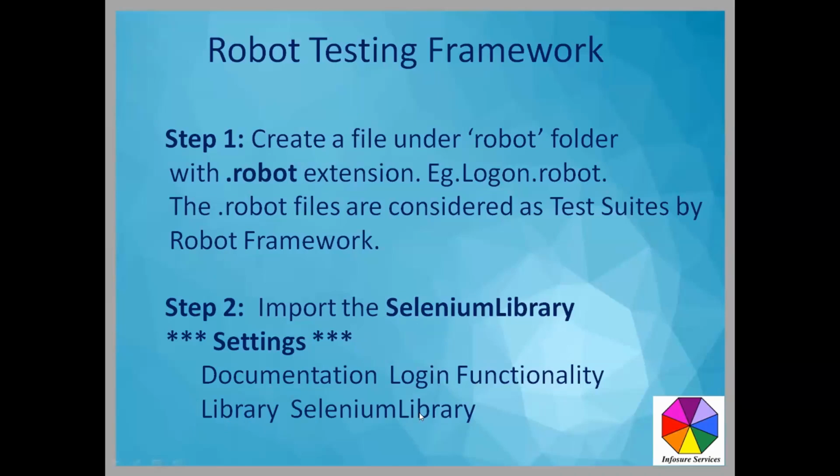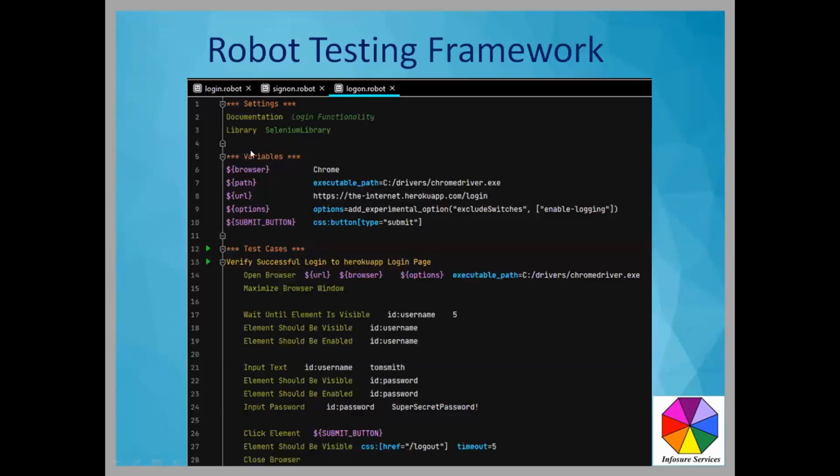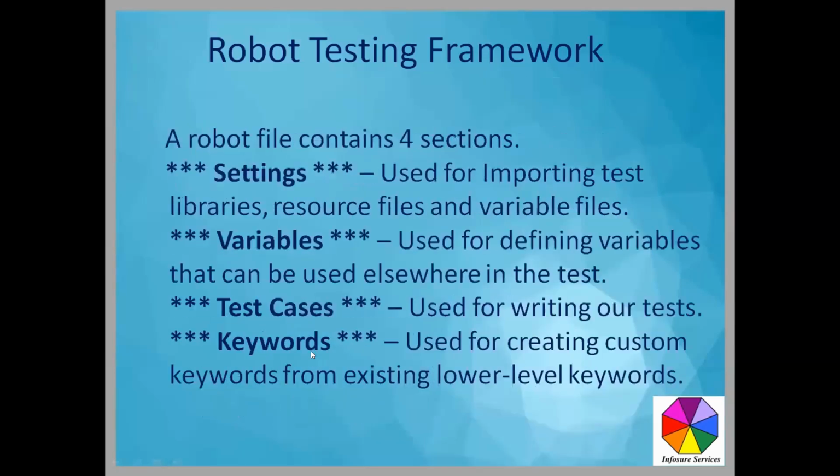The Selenium library is going to use that library. It's like the import. And of course, there are 4 sections: settings, variables, test cases, and finally keywords if you want to have custom keywords.